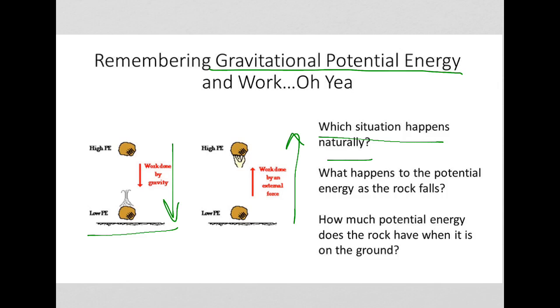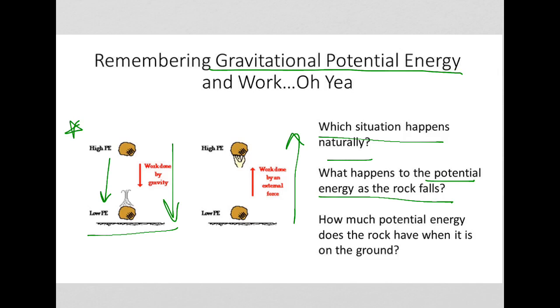Which situation happens naturally? Well, obviously, this first one happens naturally where if I have a high rock, it'll naturally fall. If I have a rock on the ground, it won't just naturally float into the air. As the rock falls, the potential energy decreases. We go from high potential energy to low potential energy.